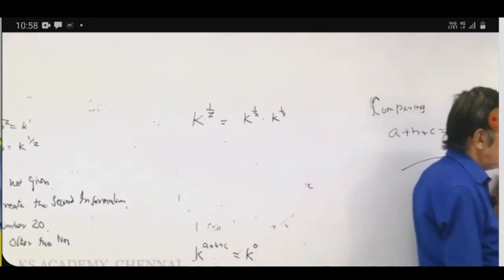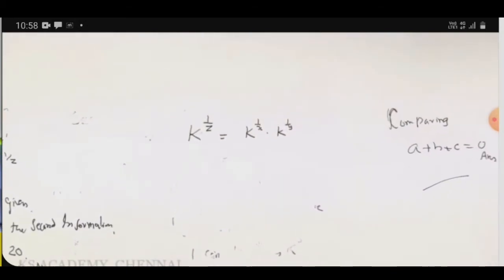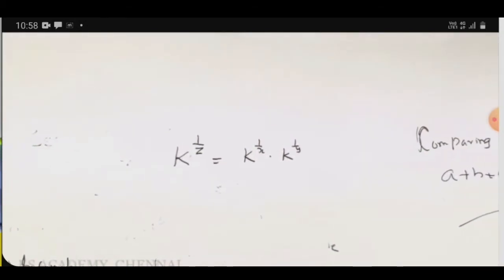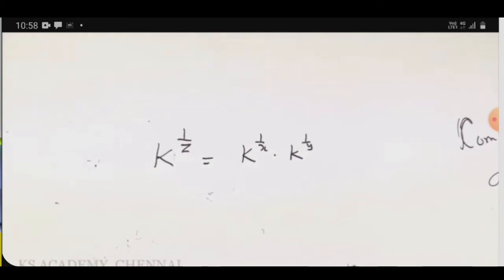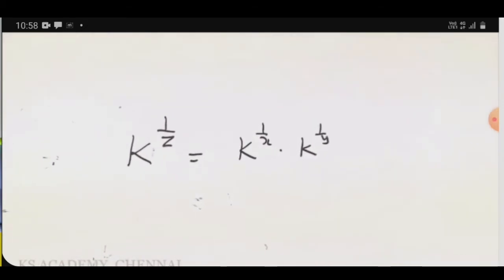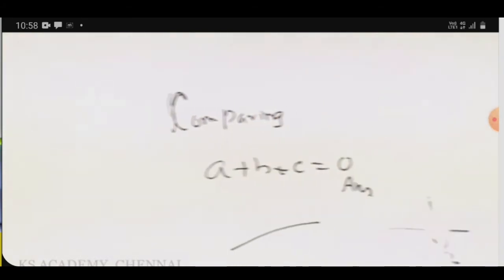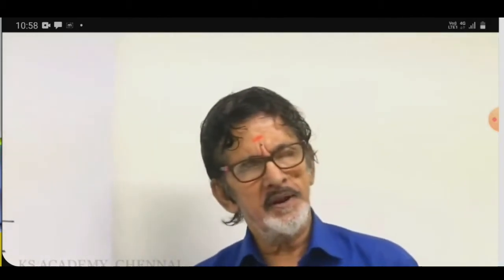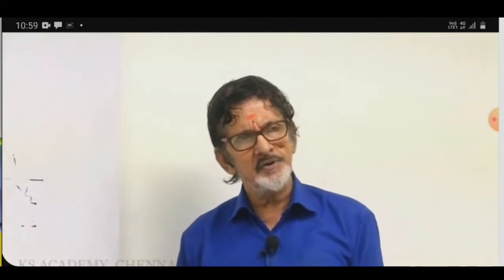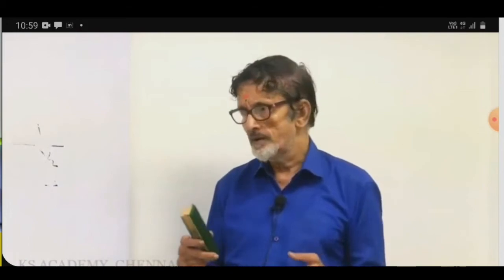Like the earlier problem, the only difference is that the second information you are creating and getting, while earlier they had given it. Creation is not so difficult. If you know my method, take the highest number, split it into the other two numbers, then substitute.